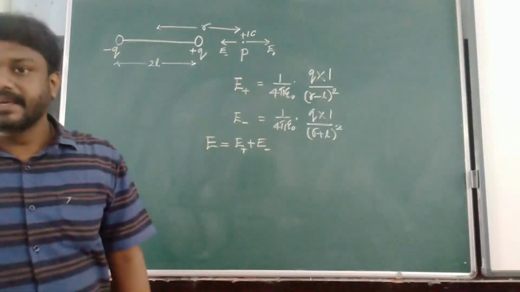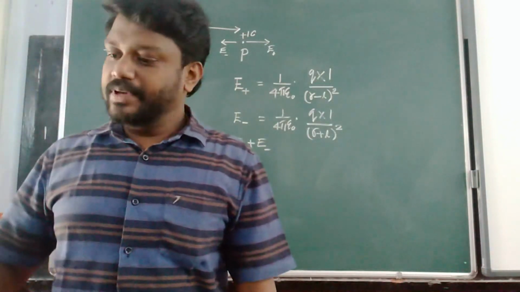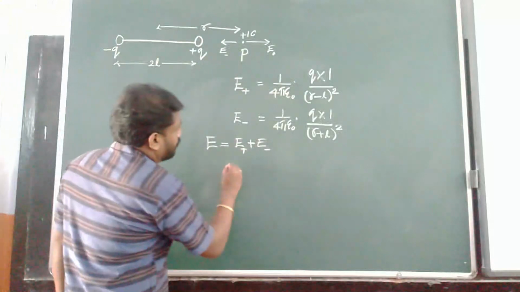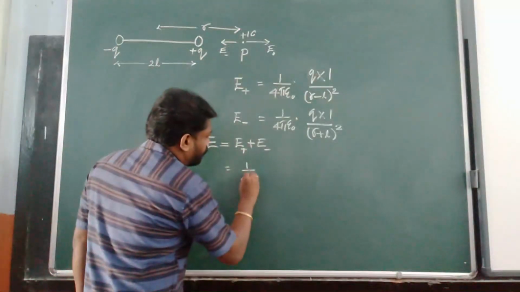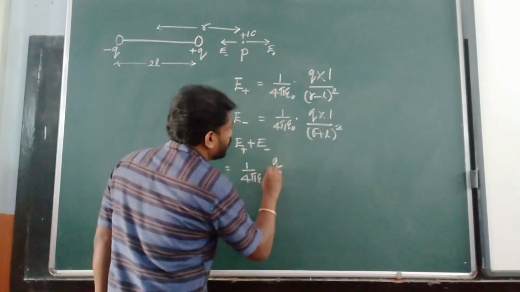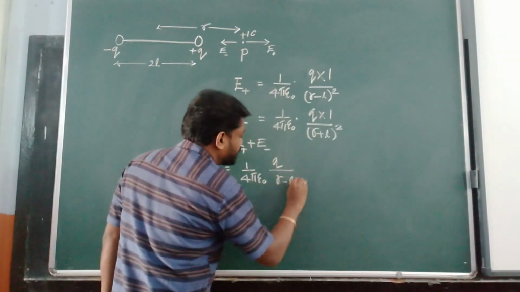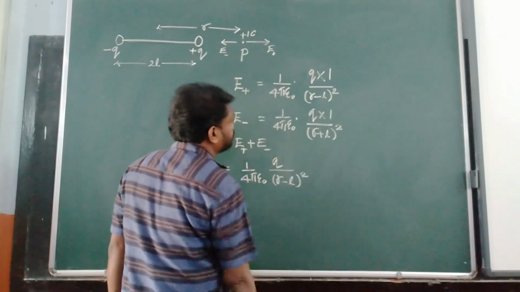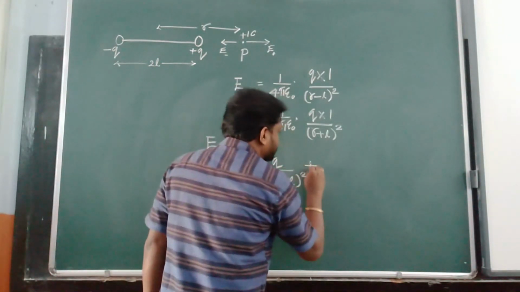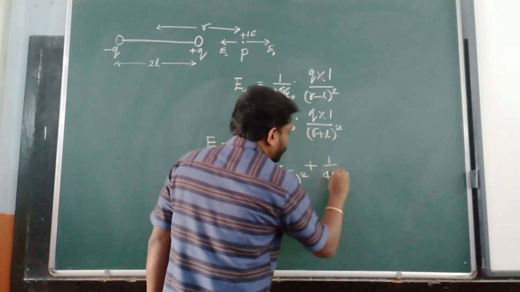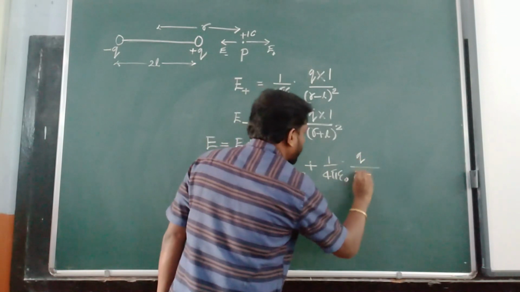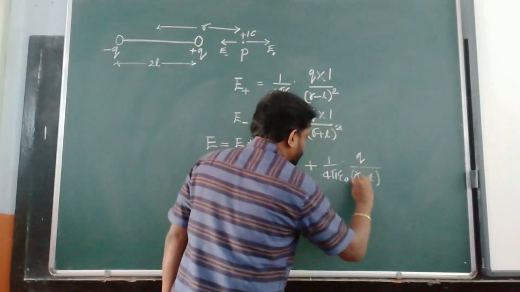So E plus plus E minus will be 1 by 4 pi epsilon 0 q divided by r minus L whole square plus 1 by 4 pi epsilon 0 q divided by r plus L whole square.